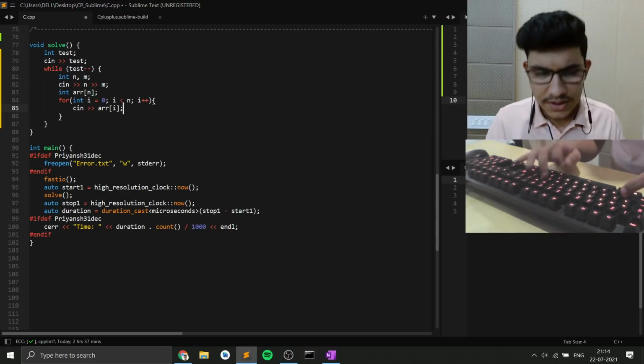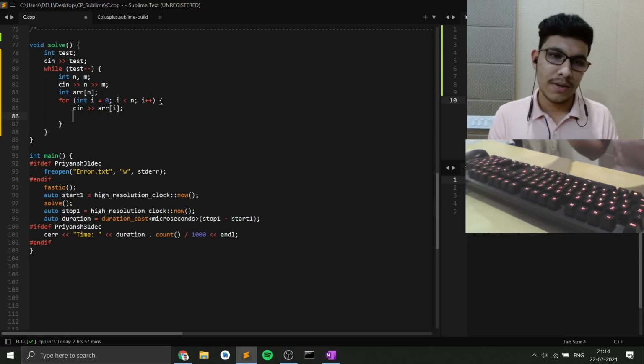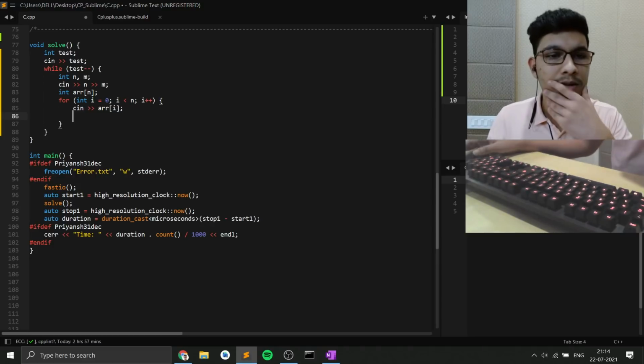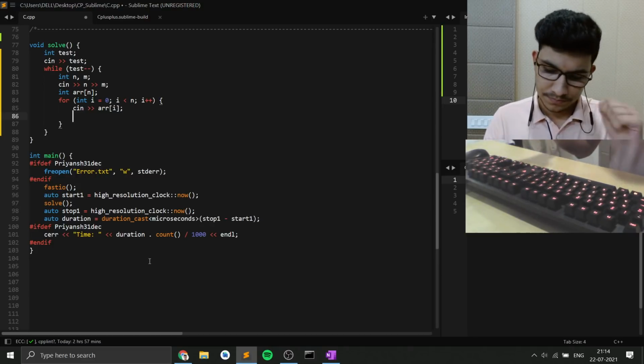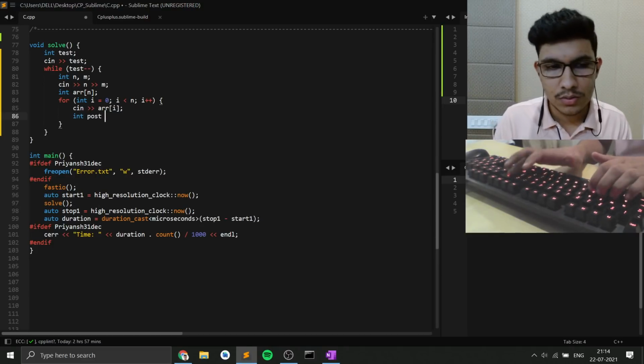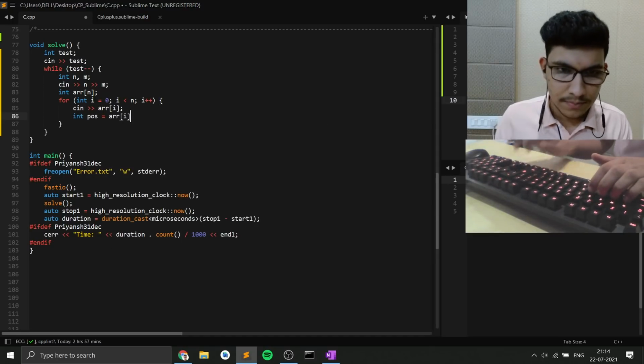Now we'll have to see how many times this number is off from where it had to be. So int position equals arr[i] minus 1.